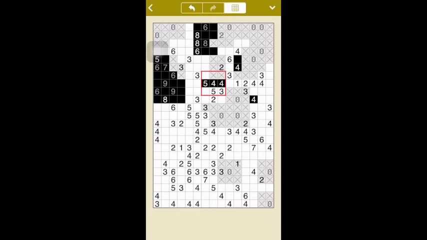Let's look at 4 and 4, right? The same number. One black space on the left column, so I need to have at least one black space on the right column. But I could only have one black space because of this one here. I cannot have 2 black spaces like that, right? I could only have one. So that means I could have only one black space like that.